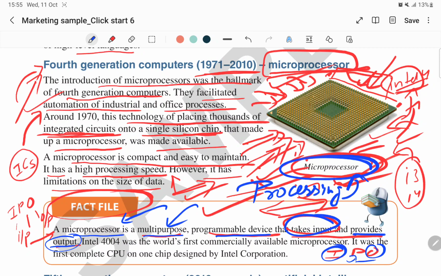See here, an example is also given. Intel 4004 was the world's first commercial microprocessor. Intel was the company that invented the microprocessor at that time.